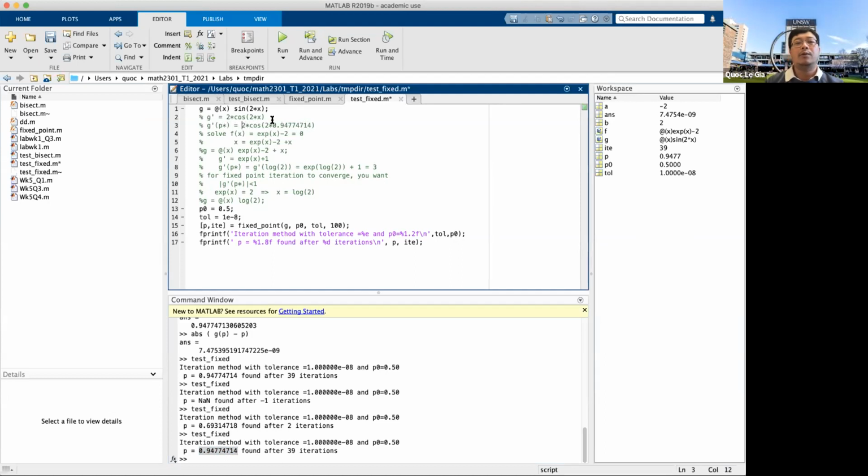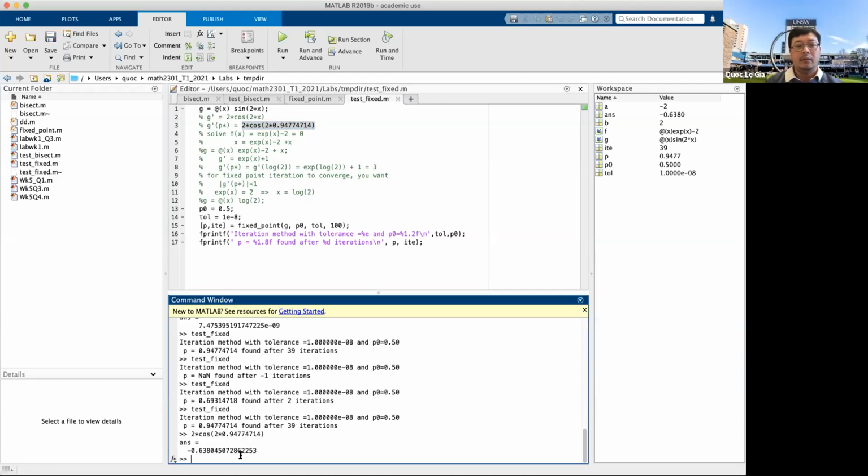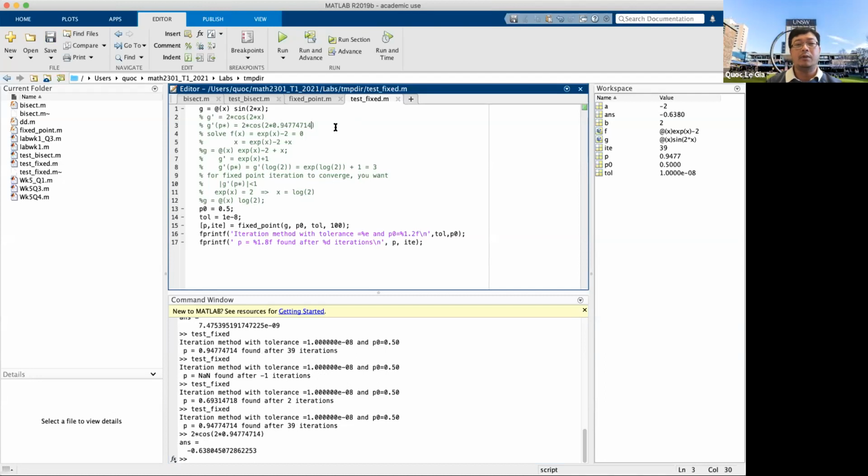Then you see that this quantity is less than 1 in absolute value. So that's why you have convergence after a finite number of iterations.